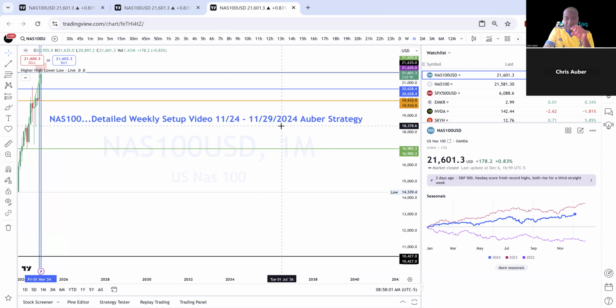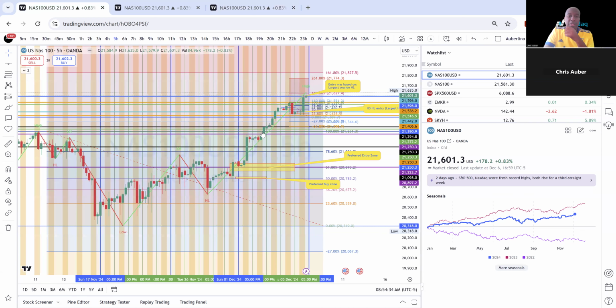In that video, it's a little bit longer because I actually show how I draw my support and resistance lines, how I set my weekly boundaries so that I'm able to see the market on a day-to-day basis, make adjustments, and fine tune my entries. You can always search that video on YouTube and see how I set up my strategy.